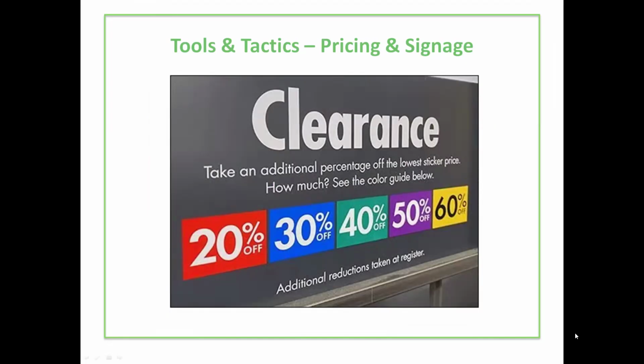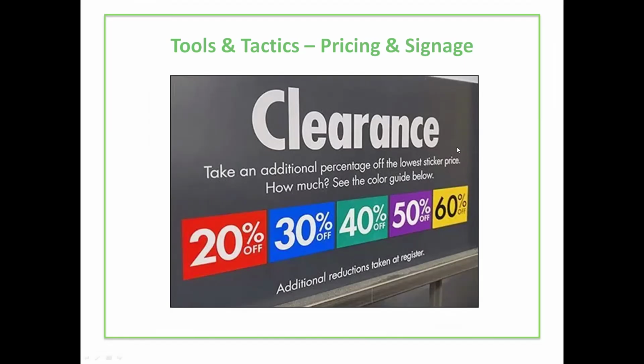Now, one thing that's very interesting, you may not have noticed, but the last three slides, when I was showing examples of the colors of the signs, they were all red. Interestingly, psychologically, human beings, we associate the color red with a good deal. And you know what? We associate the color yellow with a smoking hot deal.